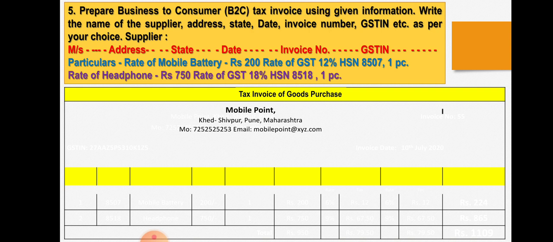Then after that, invoice number, any invoice number you can put of your choice. We have written here 55. Then invoice date, which means on which date the bill is issued, that is 10th July 2020. We have mentioned any date of our choice. Then GST identification number of your choice.